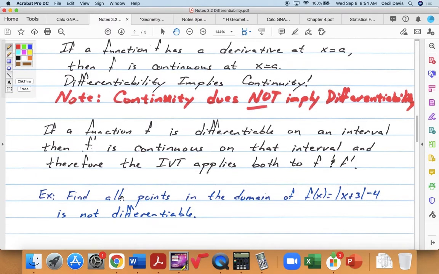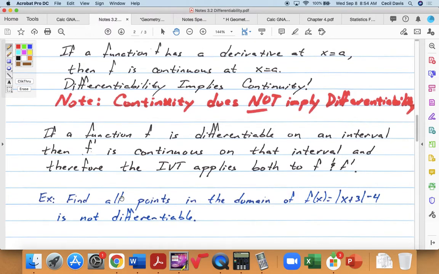Okay? So, page 2. If a function has a derivative at x equals a, then f is continuous at x equals a. If it's got a derivative, the function had to be continuous there, because if the function is discontinuous, we don't have a derivative there. But it doesn't work in reverse. Continuity does not imply differentiability.